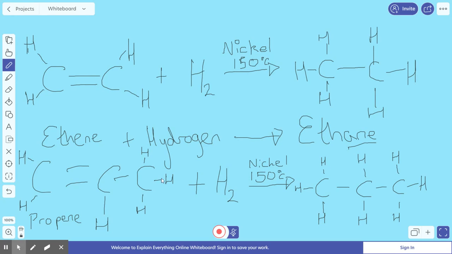Okay, so our hydrogens are always added to the carbons around the double bond, and that is it. Okay, so that is hydrogenation, or adding hydrogen to our alkene. So hopefully that has helped you see how it happens.